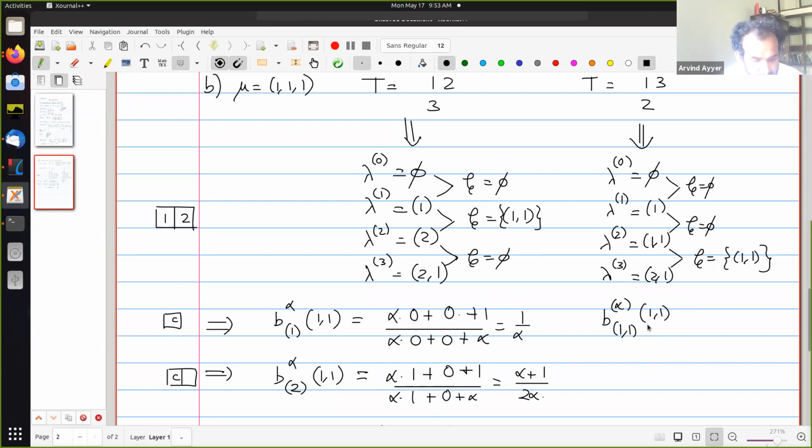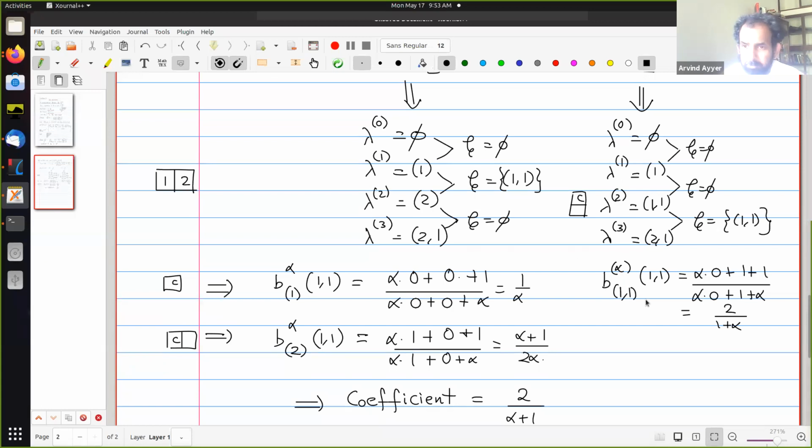Okay, I'm running out of space. Let me put it over here. This is that cell. And now the arm length is 0, leg length is 1. So alpha times 0 plus 1 divided by alpha times 0 plus 1 plus alpha, which is 2 by 1 plus alpha.